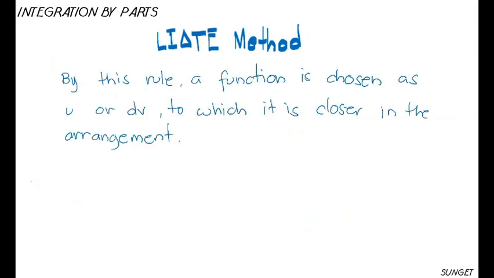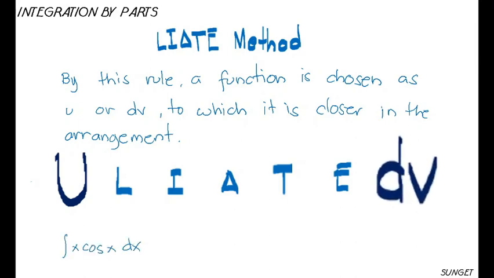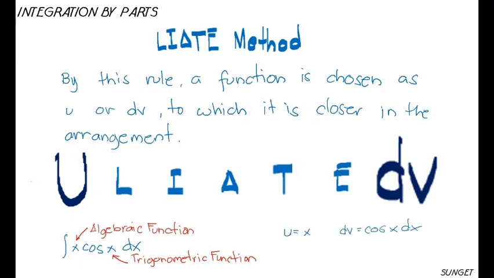By this rule, a function is chosen as u or dv according to which it is closer in the arrangement. For example, we have integral of x times cosine x dx, where x is an algebraic function and cosine x is a trigonometric function. So using the LIATE method, we choose x as the u part, and for the dv part is the cosine x dx.